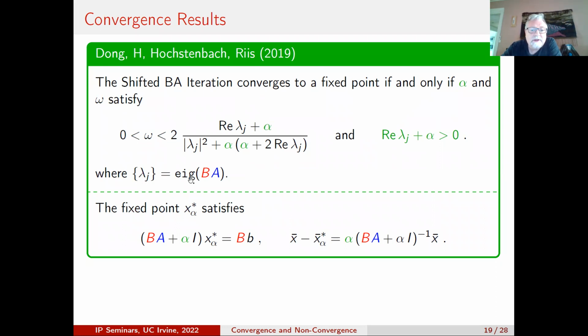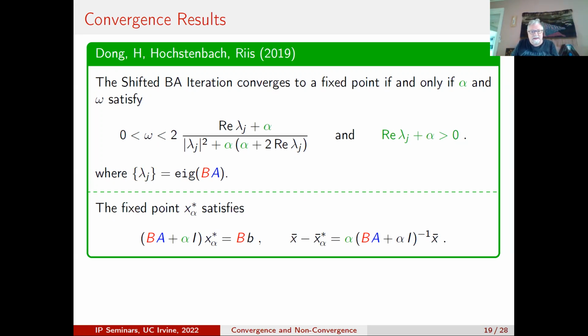Again, lambda are the eigenvalues of BA. Here is the condition on omega to ensure convergence, which looks a bit complicated. And now when we introduce the alpha, or the shift, I call it a shift because it shifts the eigenvalues of the iteration matrix, then the condition is that the shift in eigenvalues should be greater than 0. So basically, you shift all your eigenvalues to the right, such that there will be none left in the left complex plane. So that's what we do.